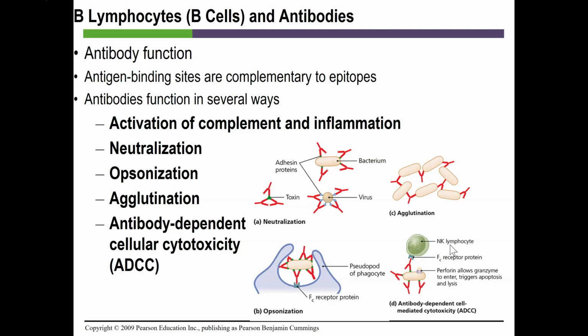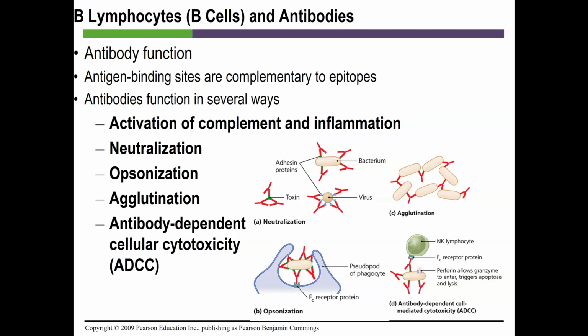Then finally, we have this last idea, which is one of the few times we'll be talking about natural killer lymphocytes, but they too have Fc receptors. So if something is coated with antibodies and a natural killer cell happens to come by, it will latch onto that and then it will immediately dump some toxic contents out and kill the invader.